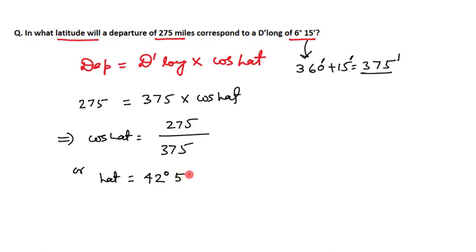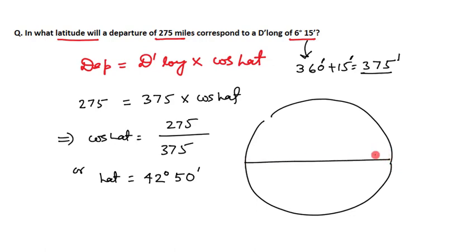Now the question is whether I should write north or south. So suppose this is the earth and this is the equator. These are some meridians. So suppose this is the D long, which is 375.